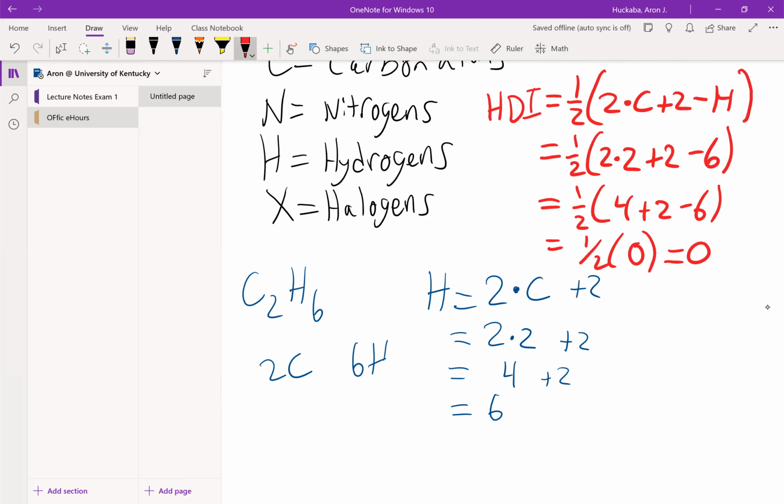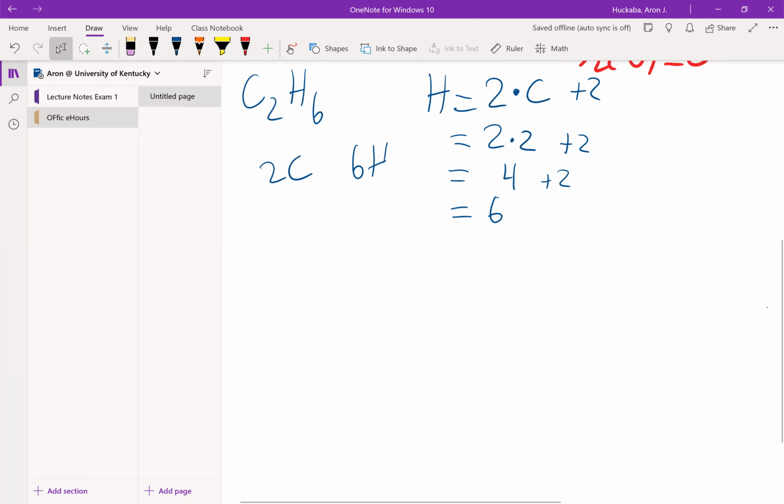Okay, so now you can tell if a molecule is fully saturated, meaning no double bonds and no rings, if its HDI equals 0. If the HDI equals 1, then you can have a ring or one double bond. If the HDI equals 2, you can have a ring and a double bond, or maybe two double bonds, or maybe two rings. Okay, so let's look at A again from practice problem 1.35.